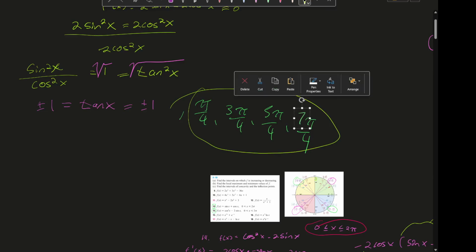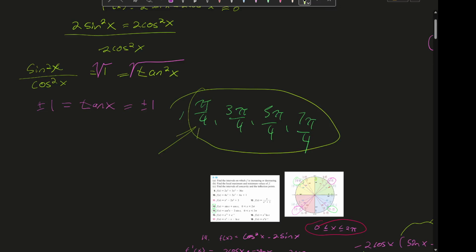So this is on the interval 0 to 2 pi. So first thing, we need something between 0 and pi over 4. So let's just say pi over 6, because what else are we gonna choose? Then we need something between pi over 4 and 3 pi over 4, and I'm gonna choose pi over 2 because that's a nice angle.